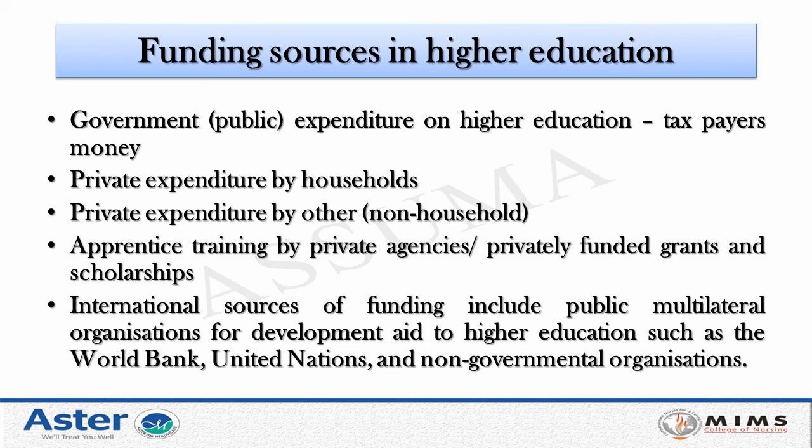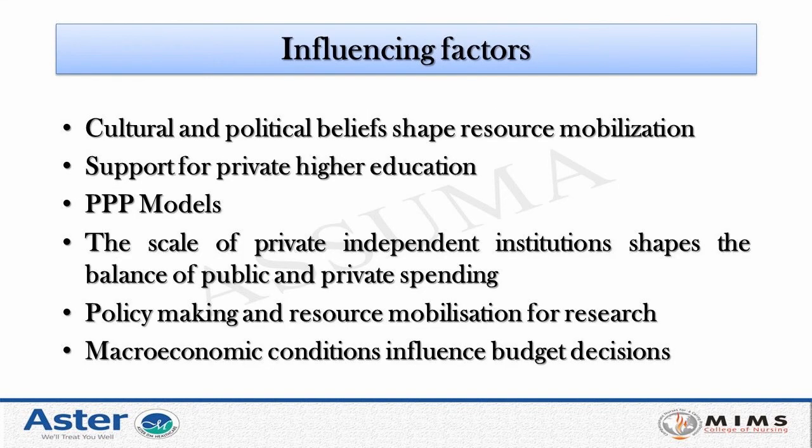So they are also spending. Government is paying from the tax, and the self-financing institute is fully depending on the tuition fees provided by the students to the institute. Then the institute can make money through apprentice training by private agencies, privately funded grants and scholarships, etc.